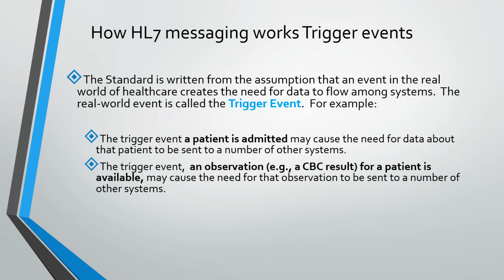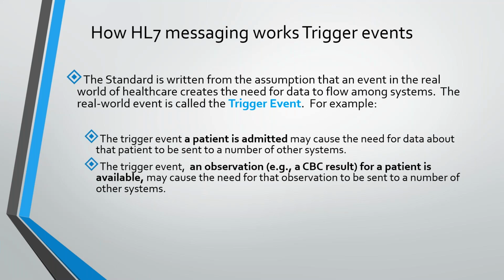The entire hospital workflow is divided into chunks of events that are happening in the real world. When these events happen, the necessity for data to move from one system to another is inevitable. The data has to be generated and has to move from the PM system to EHR, EHR to lab, lab to EHR, or lab to billing department, and so on. So there are many scenarios.